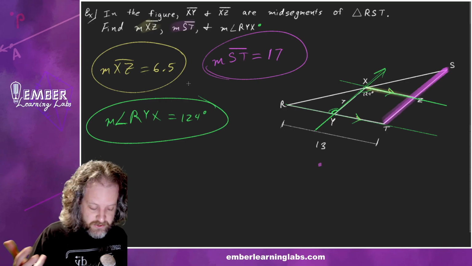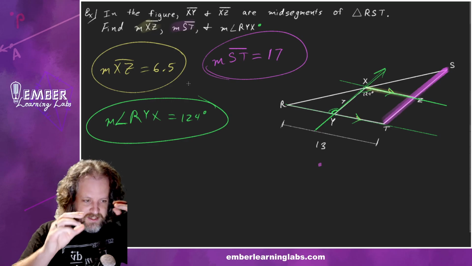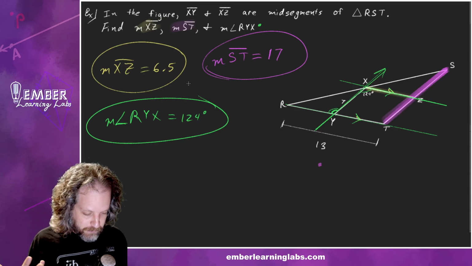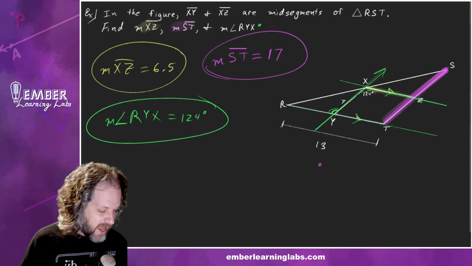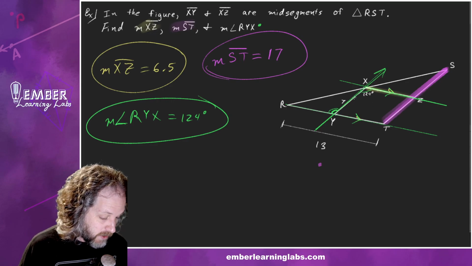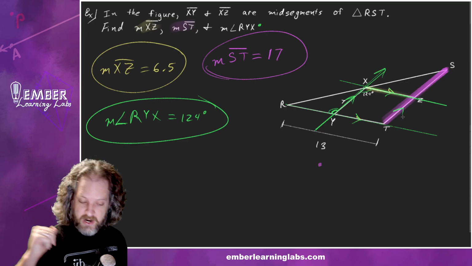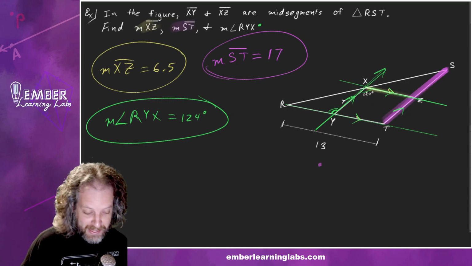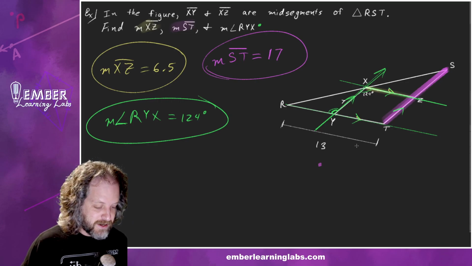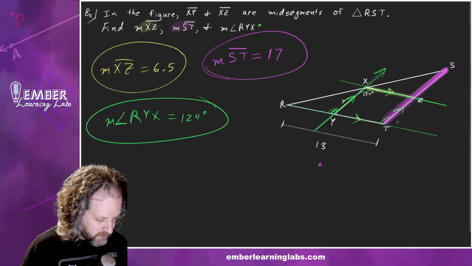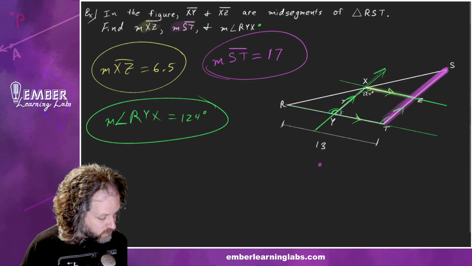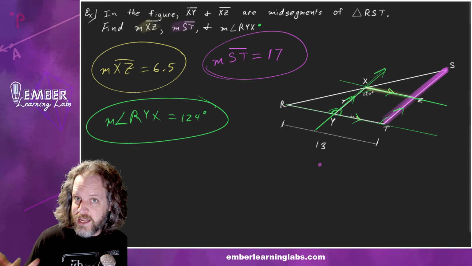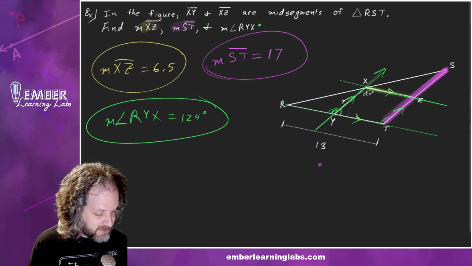So that's great. Now, just continue connecting the dots, because I think it's important for you to be able to see things. If this is parallel, we also know, because this is a mid-segment, that it's parallel to this one, right? So what shape is this? This shape is a parallelogram, because it's got two pairs of parallel sides, which means this one's 124, which means this one is supplementary, so it's 180 minus 124, so it's 56, right?